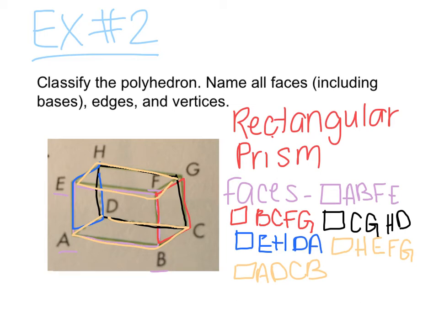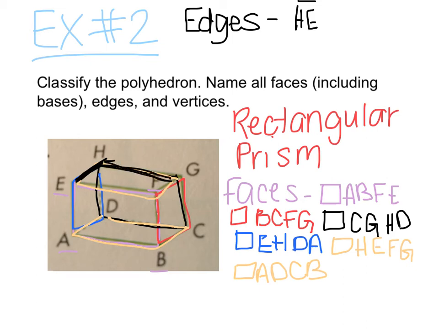And now we move on to the edges. So remember, the edges are the line segments that connect two faces. So for example, we have HE. Remember, you have to put your little symbol above. HG. GC.